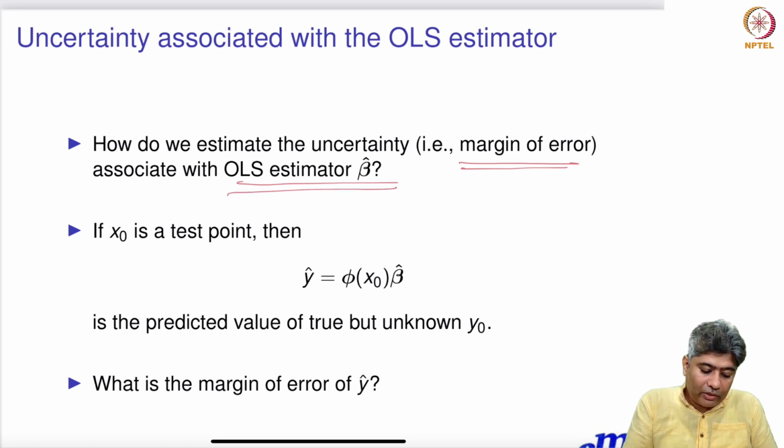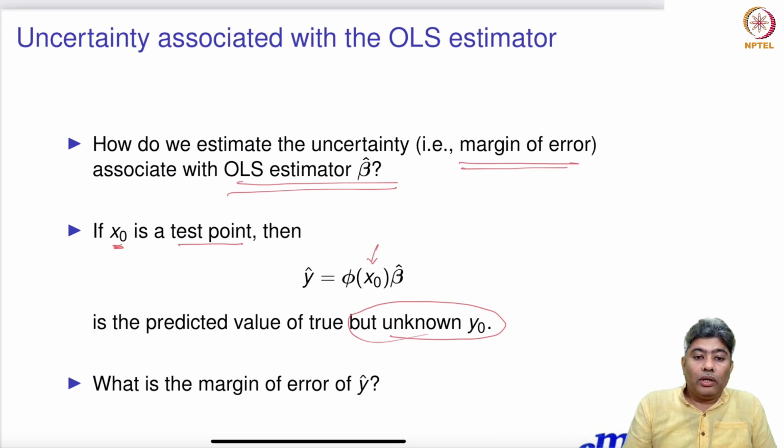If x naught is a test point, you plug x naught in here, you take the beta hat and you get the y hat. So y hat is the predicted value, but the true y naught is unknown.